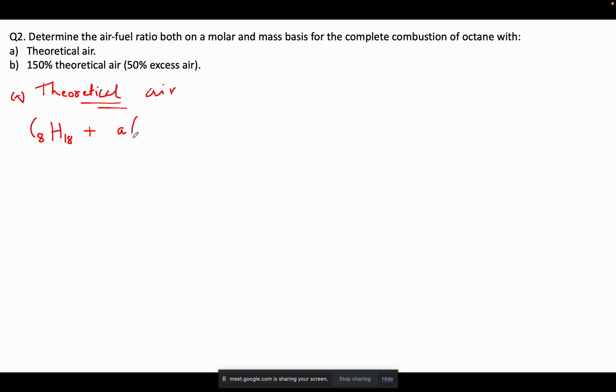Let us assume this as A. Then since this is the theoretical air, so the complete combustion without any excess air is there, so no oxygen will be produced, so only the products will be carbon dioxide, water vapor and nitrogen. Okay, and let me assume that these are B, C and D.